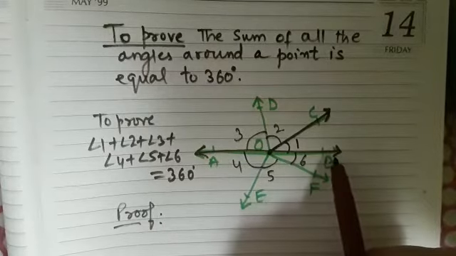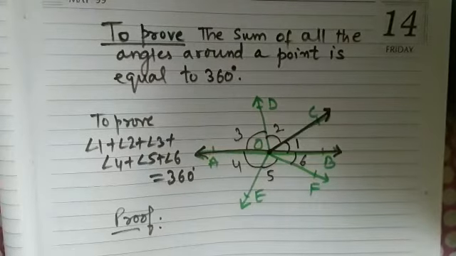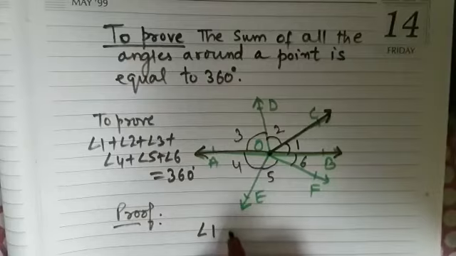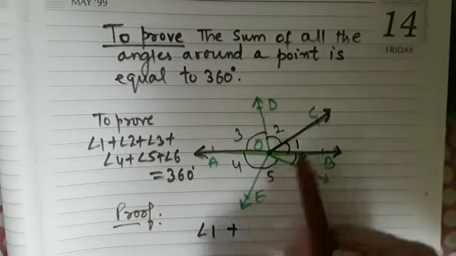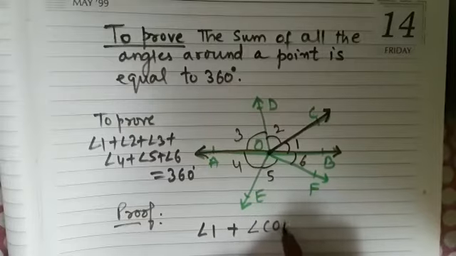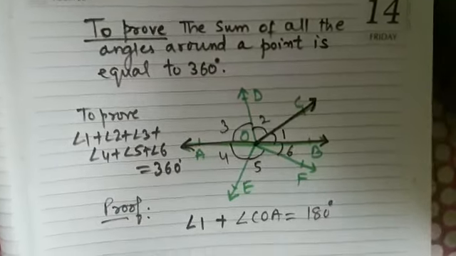So we observe that the sum of two angles, angle 1 plus angle COA, will be equal to 180 degrees, isn't it?